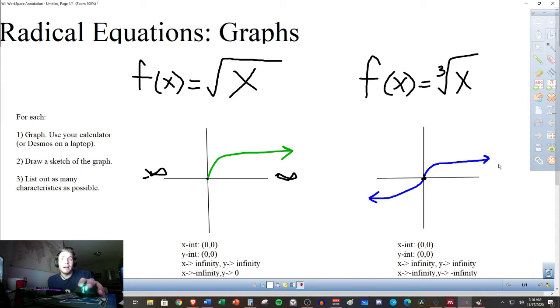All real numbers are possible, but in the green graph, we can only plug in positive values. I said you should always be checking your answers when solving these equations, but for the cube root, you don't have to. If you can remember that rule, it's going to be very helpful.